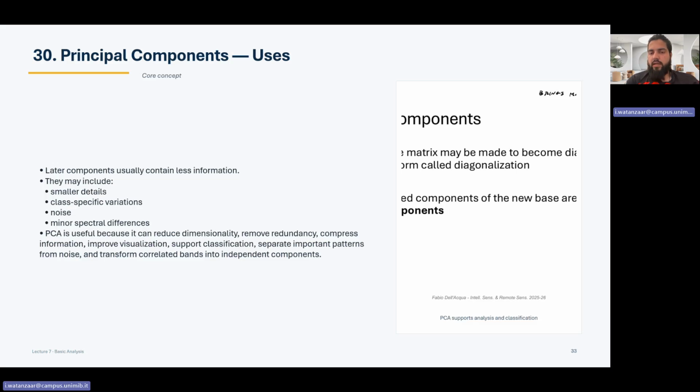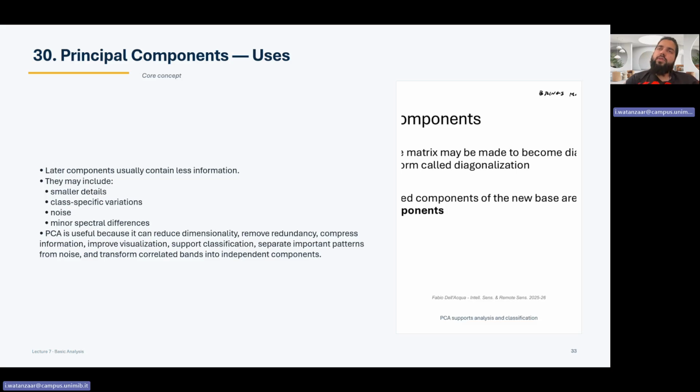So principal component analysis will really help us visualize the data, compress the data, and explicitly show what we are looking for. It separates important features or patterns from the noise and transforms correlated bands into independent components.